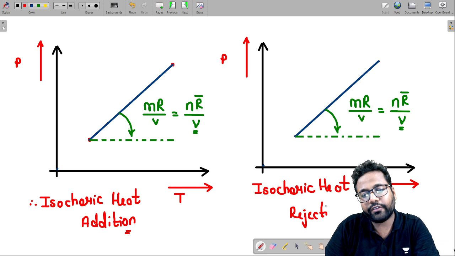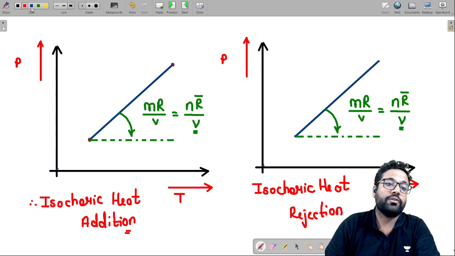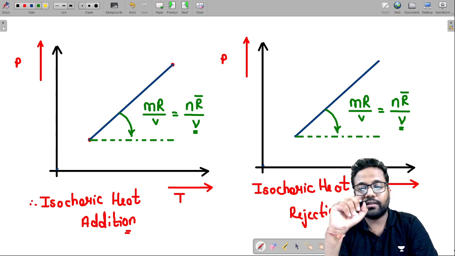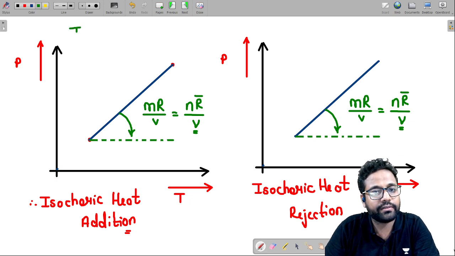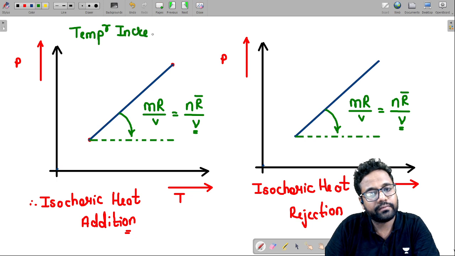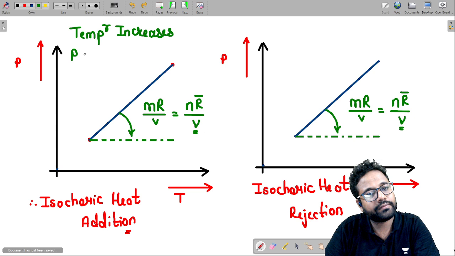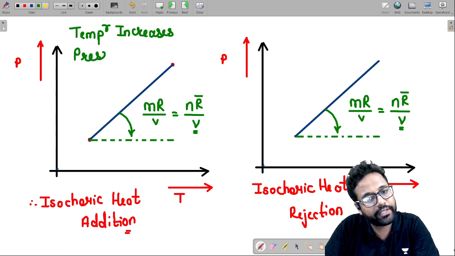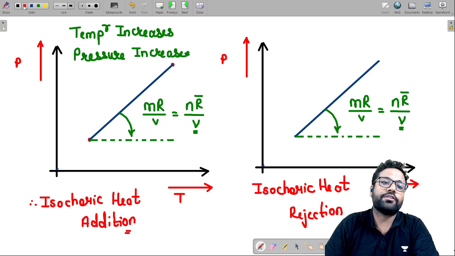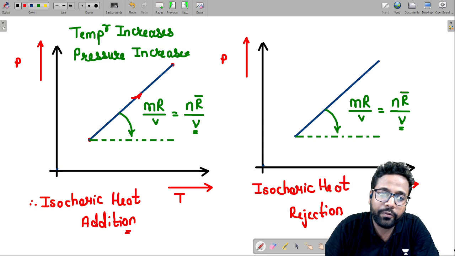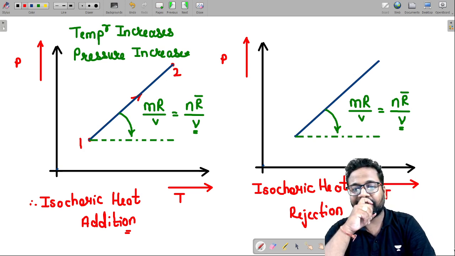So बच्चा, when we are having isochoric heat addition, हो क्या रहा है sir, the temperature and pressure both increase. Temperature increases and pressure also increases. So बच्चा लोग, what will be the direction of arrow? Sir, the arrow will be pointing upward, यहाँ से लेके 1 to 2 like this. Is this clear? 1 to 2 like this.